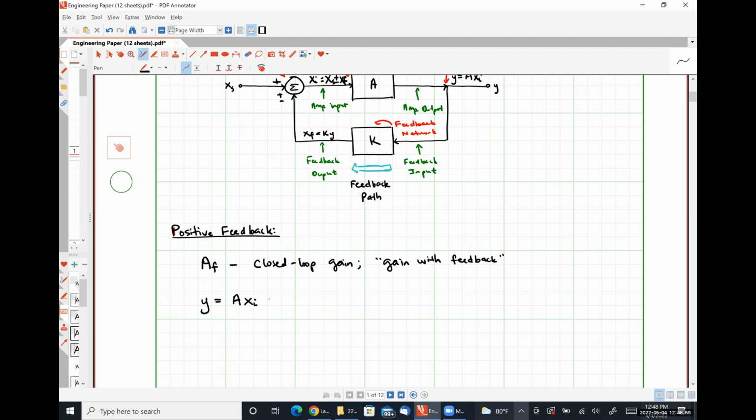So we can expand this for a positive feedback system to be A times (XS plus XF). And since XF is simply K times Y, this looks like A times (XS plus KY).